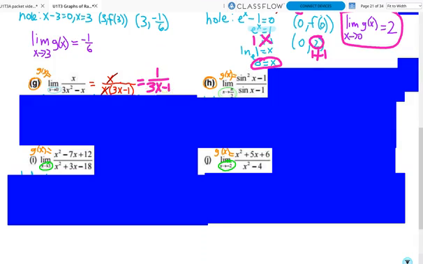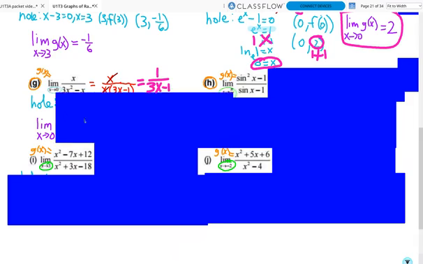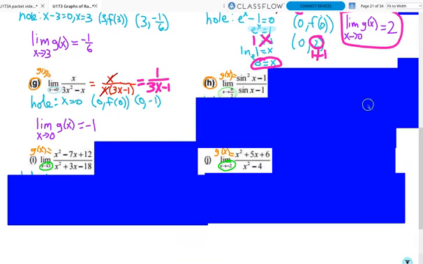That's our simplified rational expression. Since the factor I'm canceling out is x, x equal to 0 is the x value of my hole. 0 plugged into 1 over 3 to the x minus 1 is 1 over 1 minus 1, which is 1 over 0 minus 1. So 1 over negative 1 is negative 1, which becomes the answer to my limit question since x is approaching 0.